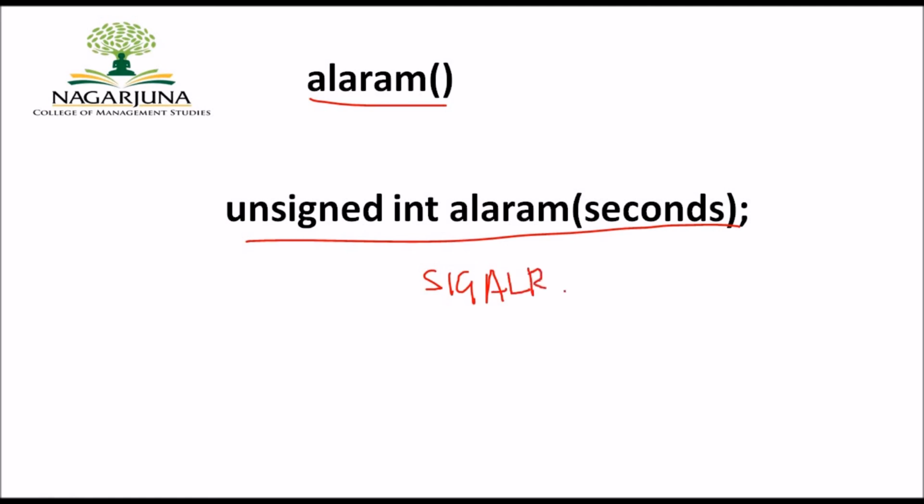This is going to initiate this particular prototype, and when the alarm goes off, the signal SIGALRM is sent to the process, indicating that the process is now ready for execution.